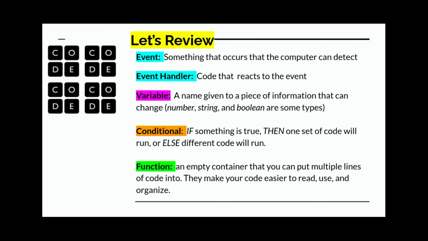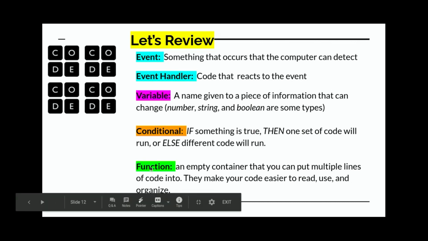Okay? A variable was a name given to a piece of information that can change. And remember, it's like a little empty box with a name, and you can put whatever you want in that box, but it should just be one piece of information. And the three main types I told you about were a number, a string, and Boolean, which just meant yes or no, true or false. Let me skip to function because I've got these out of order.